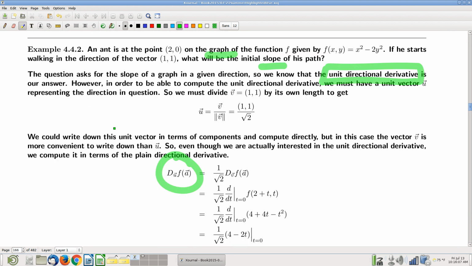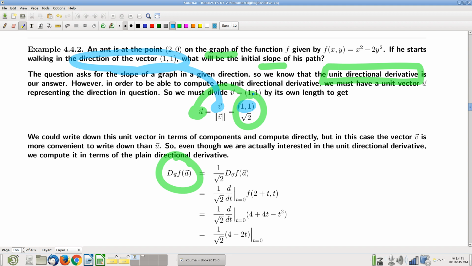In this case, our unit vector is inconvenient. The unit vector does not have integer coordinates. It's the original vector that has integer coordinates. So, super annoying. I mean, the thing that we want is harder to compute than this other thing.